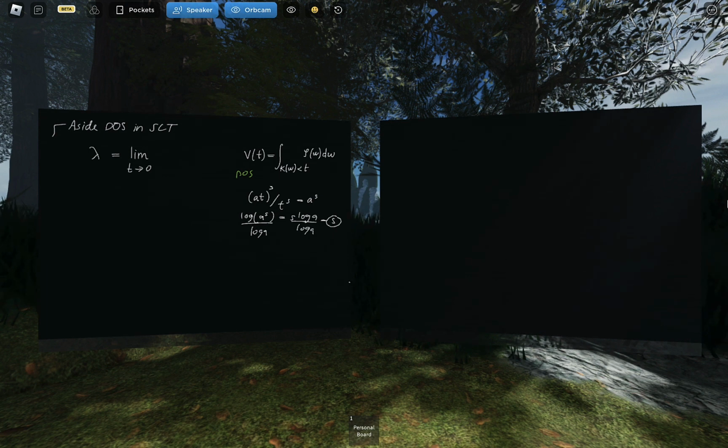So that's all I'm going to do here. I'm going to take the logarithm of V(AT) minus V(T) divided by log A. A, I don't care, it's just some positive thing, and it's not 1. That isolates the exponent of the DOS, so it's like T to the S, kind of.